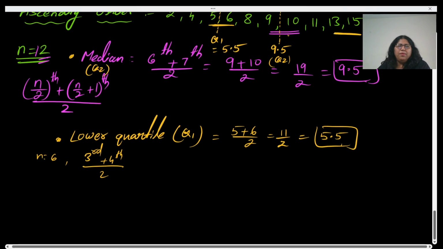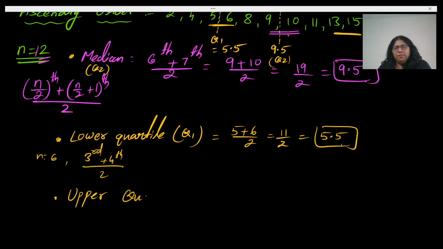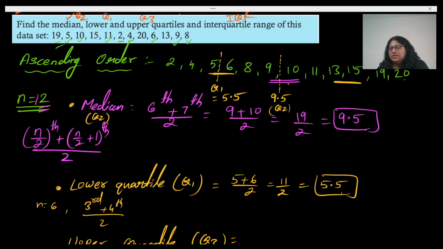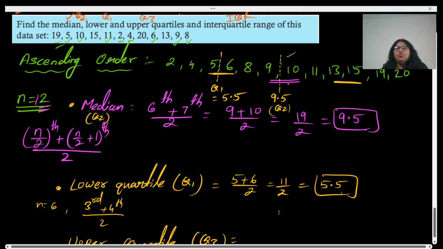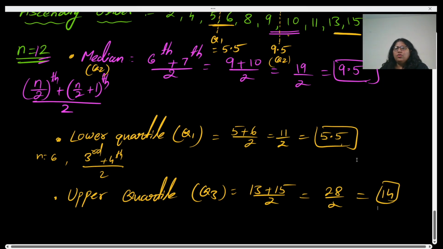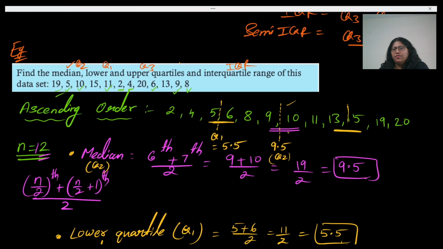The upper quartile, which is the third quartile Q3: you will not start from 2 now, because your data is divided into two parts by the median. So here you take 13 plus 15 by 2, which is 28 by 2, which is 14. Now 14 falls between 13 and 15, and here you can write down Q3 is 14.